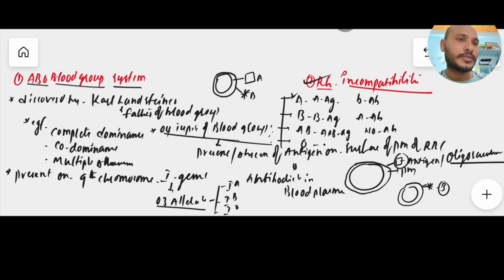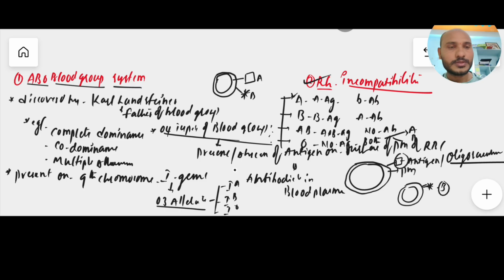Now coming to O blood group. In O blood group, no antigens are present on the plasma membrane of RBC, but blood plasma contains both antibody A and antibody B. So based on presence or absence of antigens and antibodies, we have four different types of blood group.